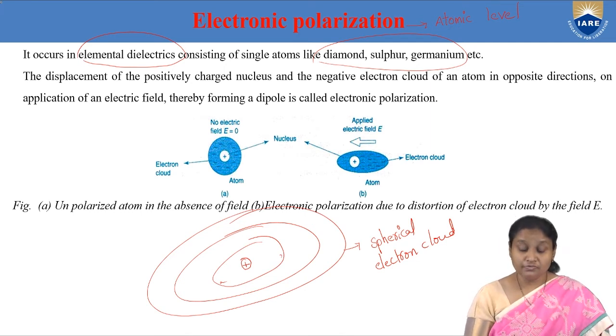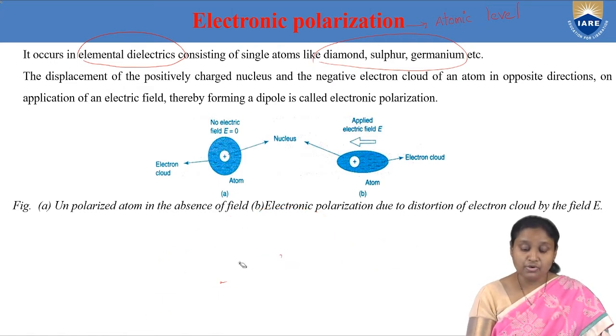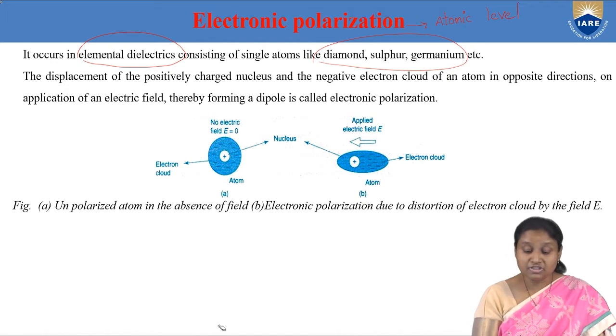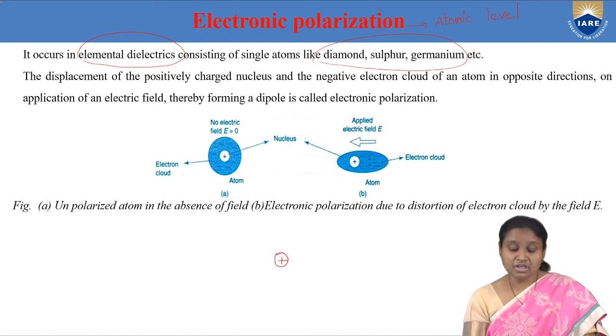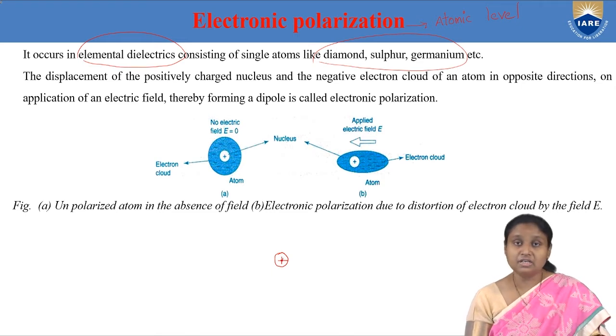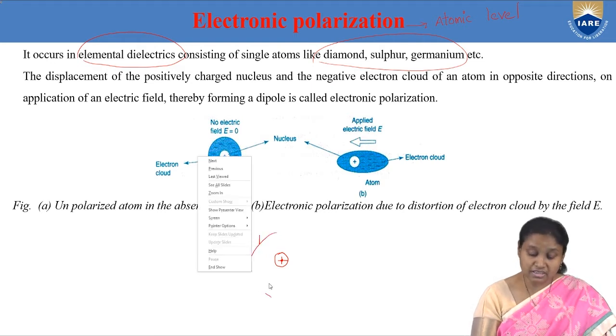So when we talk about an atom, we say that we have a positive charge. What is the positive charge? It is nothing but our nucleus. Suppose this is the center of our nucleus, and it is surrounded by an electron cloud which is spherical in nature.